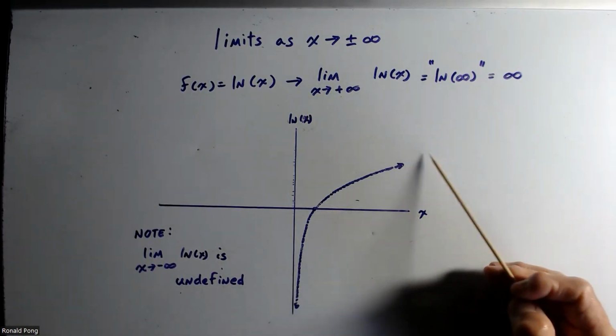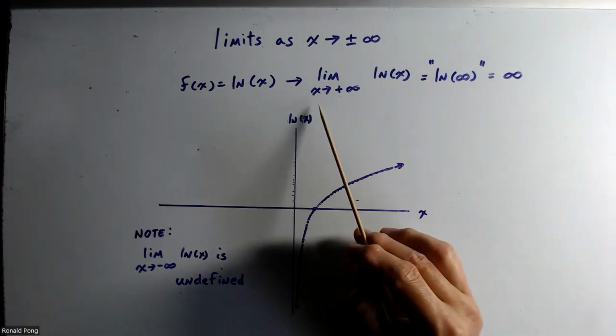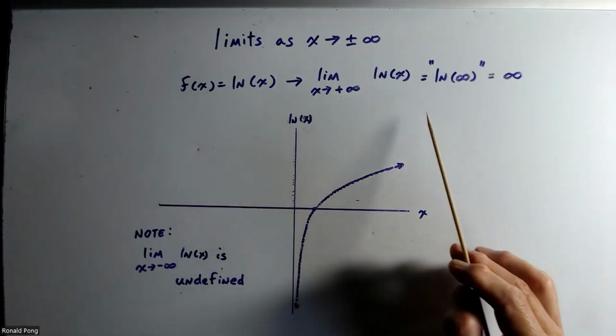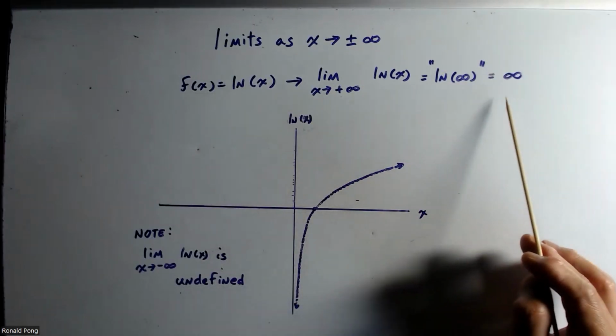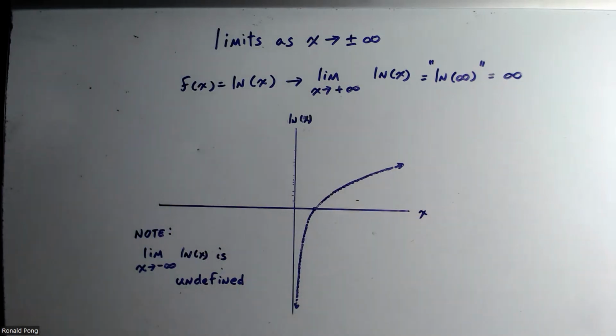Eventually, ln of x does go to infinity, and therefore the limit as x approaches positive infinity of ln of x is infinity. The limit as x approaches negative infinity of ln of x is undefined. And the reason for that is that negative values of x and even 0 are not part of the domain of ln of x, and therefore that limit becomes undefined. And that's clear from this graph.